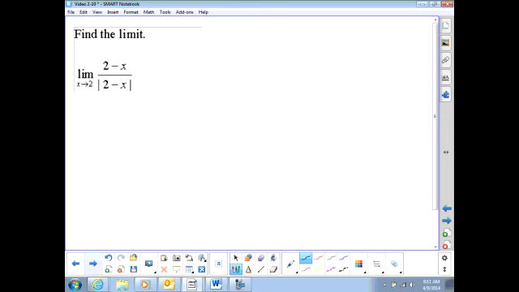So we're going to see if we can find a limit of this function that has an absolute value in it. We need to redefine the absolute value of 2 minus x.